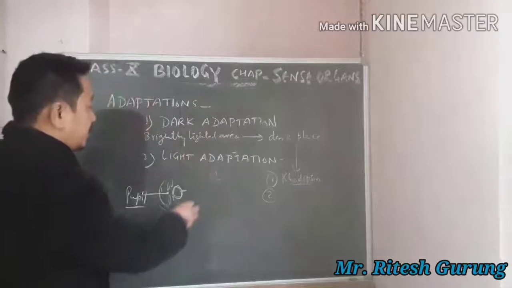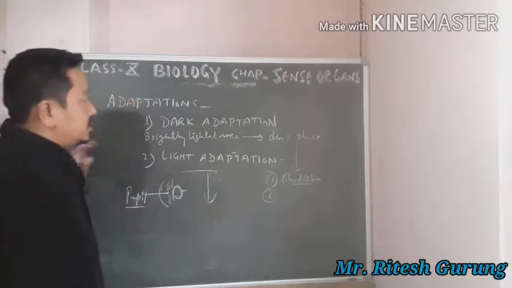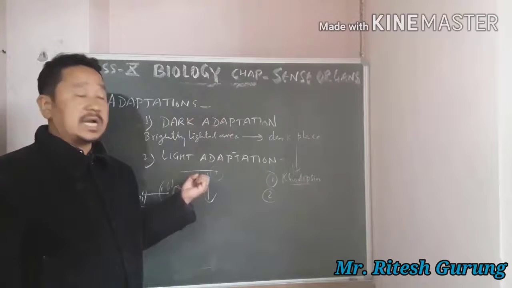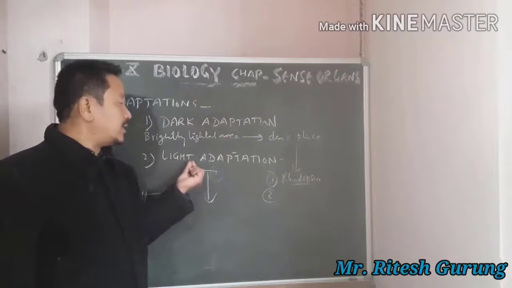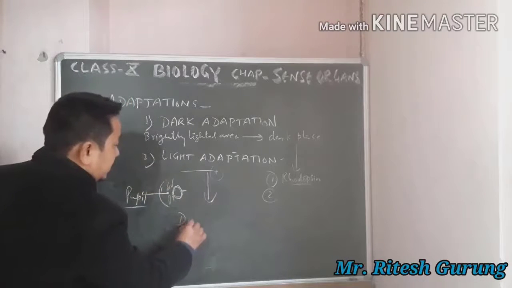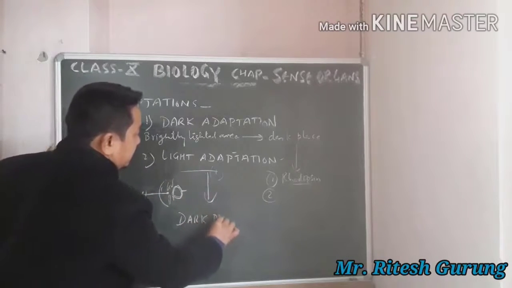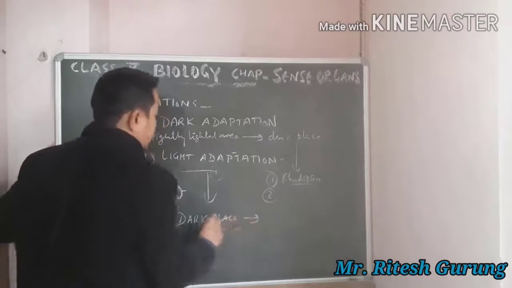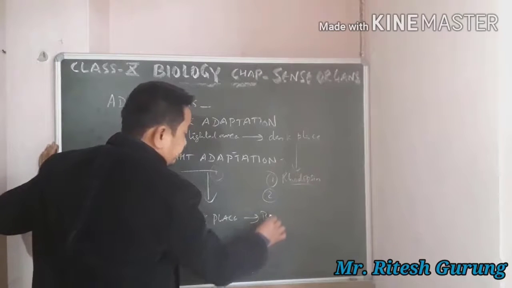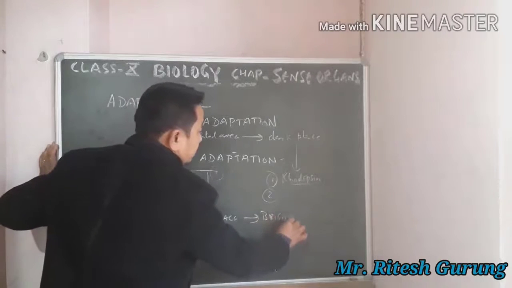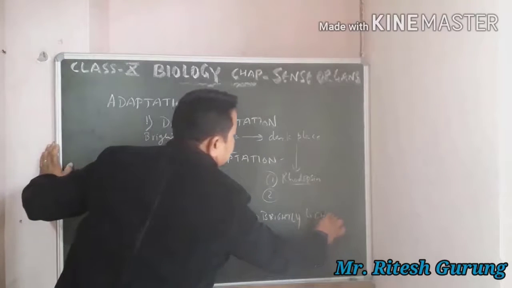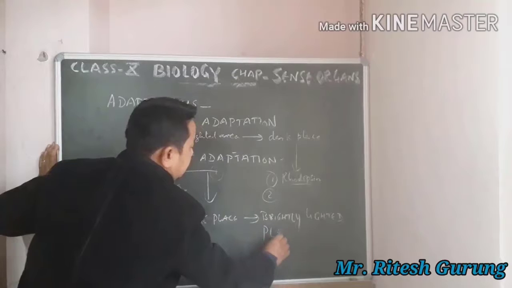The other type of adaptation is light adaptation. Just opposite to this. In this adaptation, for example, you go from a dark place to a brightly lighted place.